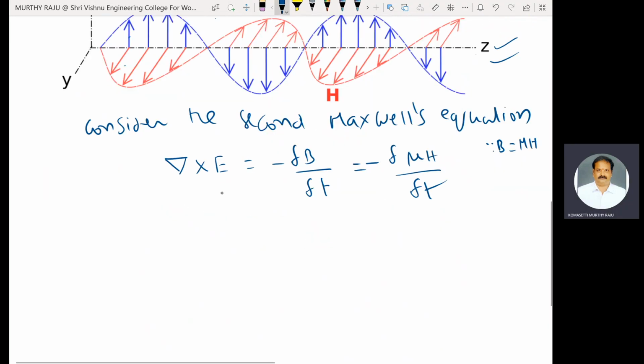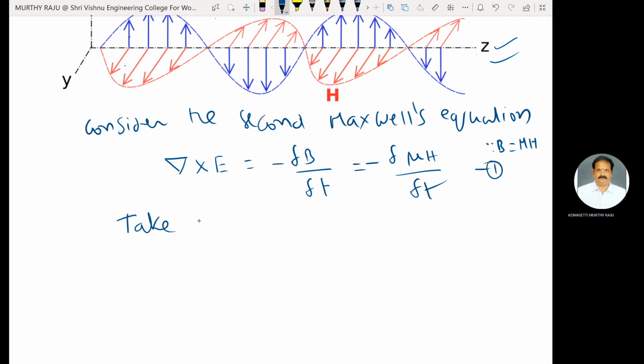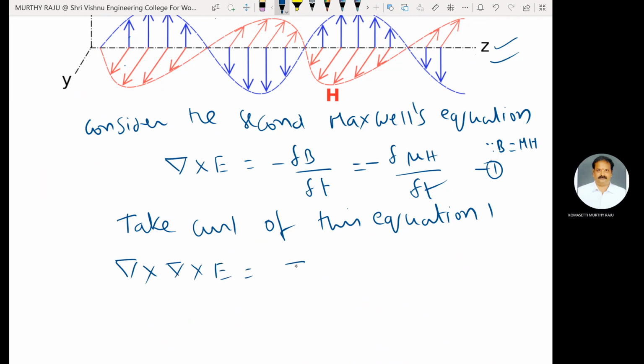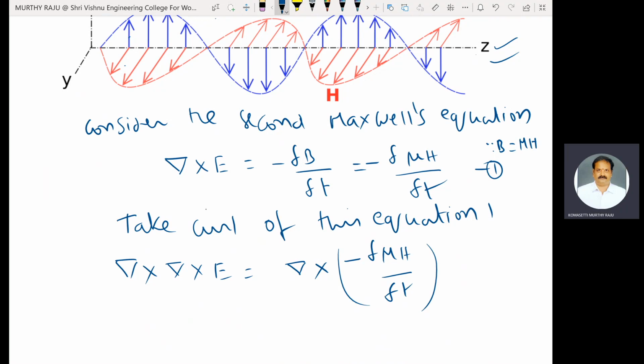Take the curl of equation 1. That means del cross del cross E is equal to del cross of minus dou mu H by dou t.